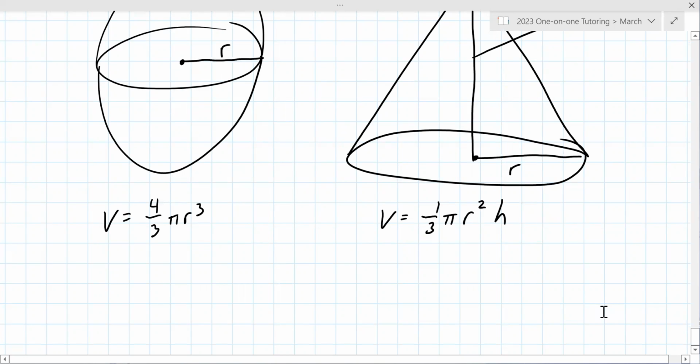You can only move it by dividing by the variable. So I'll divide by 4/3 pi r squared.